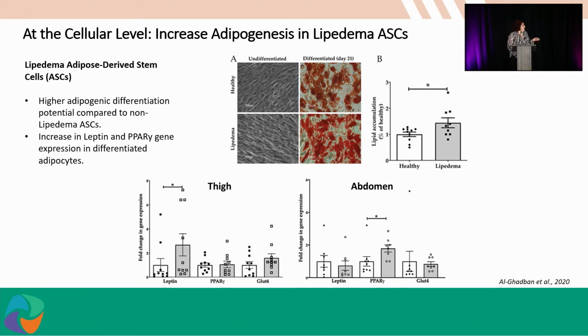When these cells were isolated from the thigh, we showed that lipedema ISCs express higher leptin as compared to non-lipedema ISCs, and leptin is a hormone secreted from fat cells to regulate body weight. We also showed that when these cells are isolated from the abdomen, they express higher PPAR gamma in lipedema as compared to non-lipedema ISCs, and PPAR gamma is the main adipogenic marker that regulates fat cells.